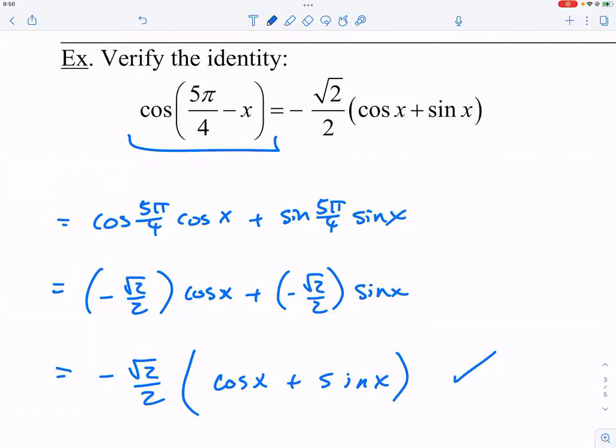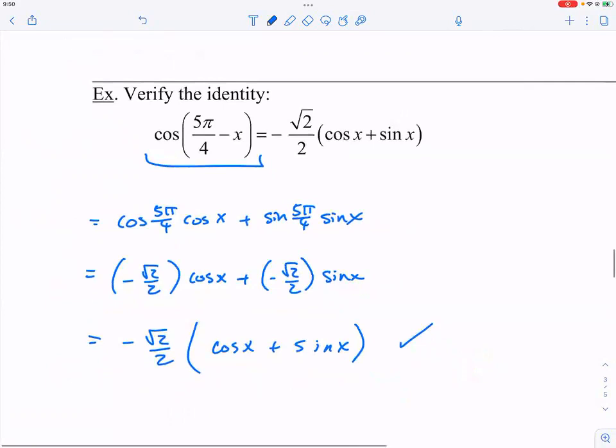So a good thing about this is that it doesn't really take much to think. They give you the difference of angle, then you know what identity to use, and just use it carefully. Just make sure that you get all those unit circle values right, and that's all.